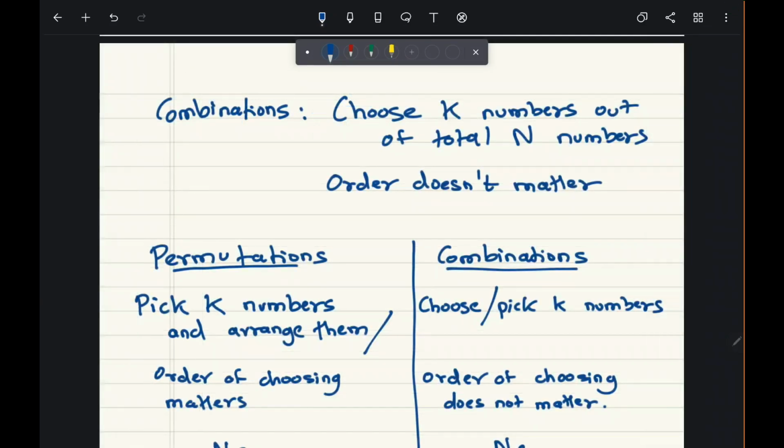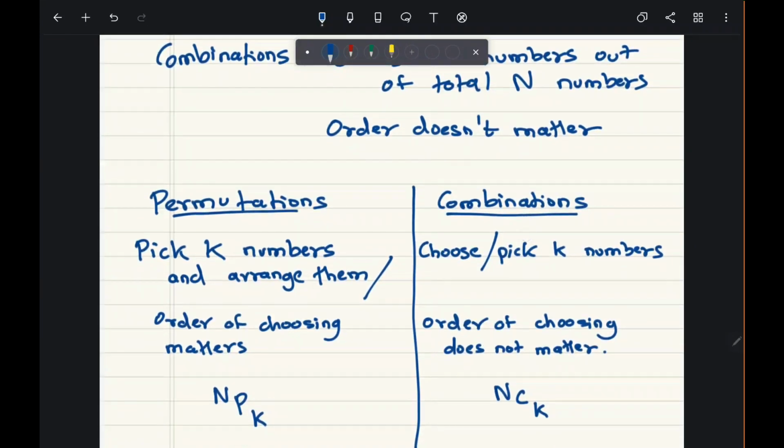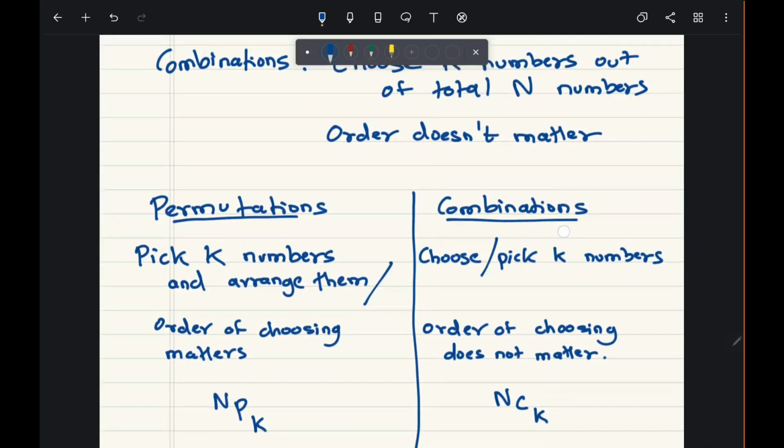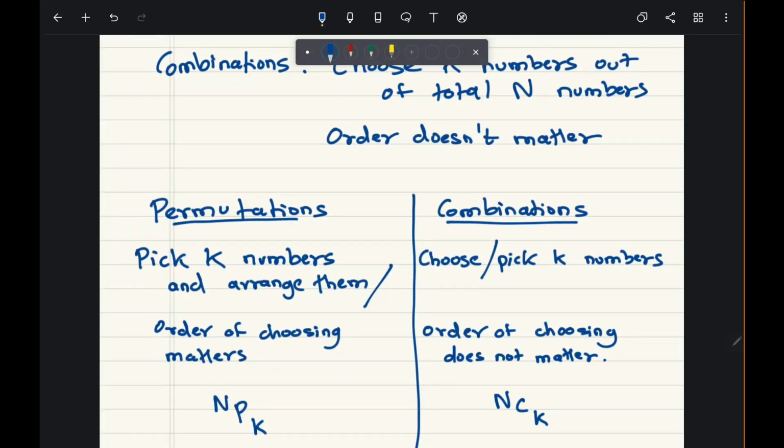So what is the difference between combinations and permutations? What we did before was permutations. So basically, when you are picking k numbers and the order of choosing matters, or you are arranging them, it is called permutations. And in combinations you just pick k numbers, but the order of choosing does not matter. So what would be an example of each of them?